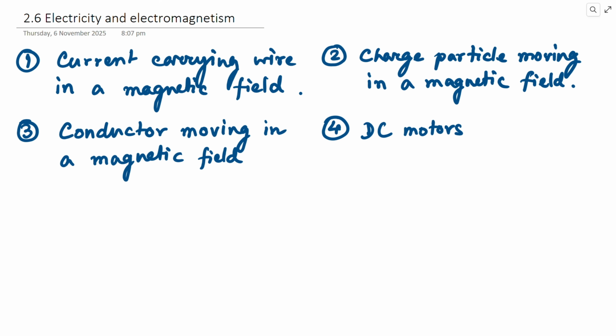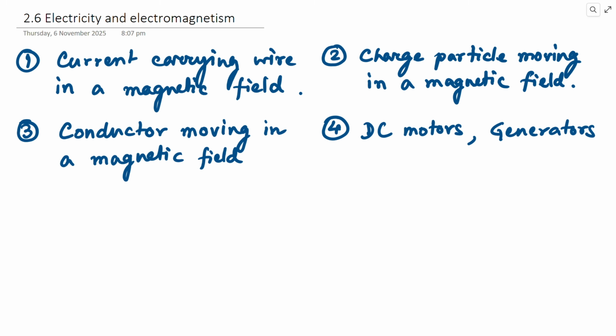And then another application that we are going to learn about is generators, which is just the opposite of DC motors. And this one is an application of a conductor moving in a magnetic field and how it interacts with this external magnetic field. So these are the four main topics that you will need to learn as part of electromagnetism.